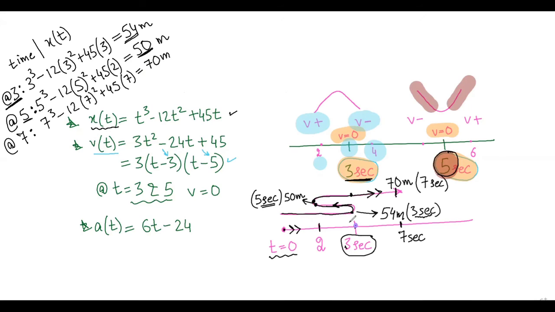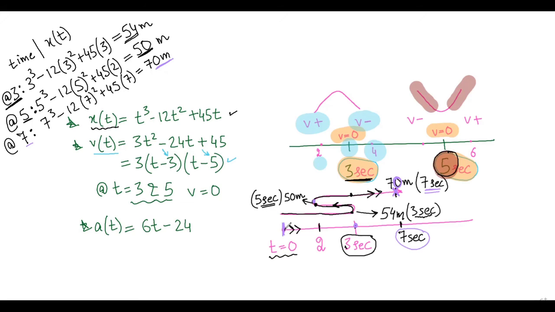This mark is a total of 3 plus 2, 5 seconds. And after 7 seconds, the particle is at the 70 meter mark. Are we clear? Yeah. So the particle at 7 seconds would be somewhere here, and it would be 70 meter from the home. Are we clear till here?